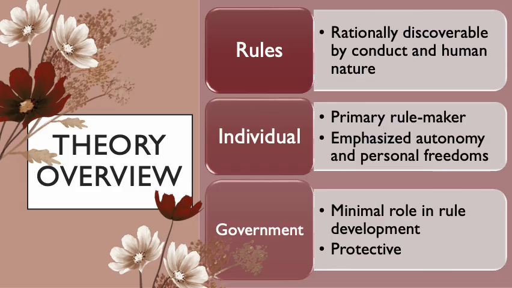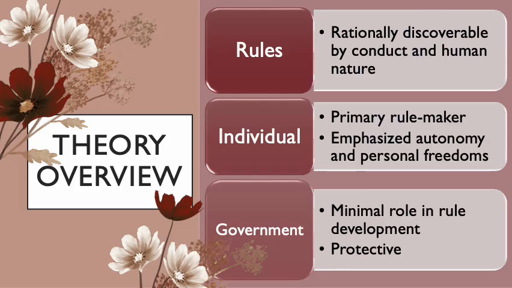Remember, secular natural law was removing God from the equation. So the source of rules did not come from God, but rather comes from individual humans as being the primary rule makers. And as individual humans, the emphasis was autonomy or personal freedoms.